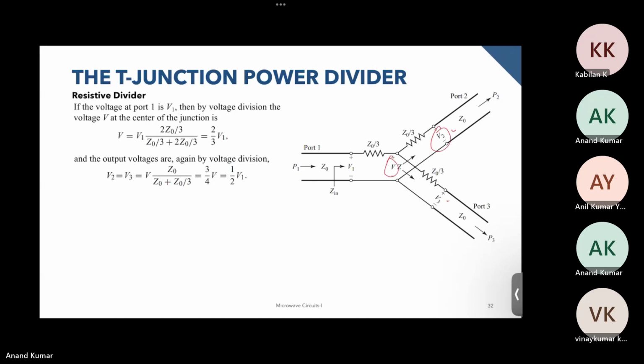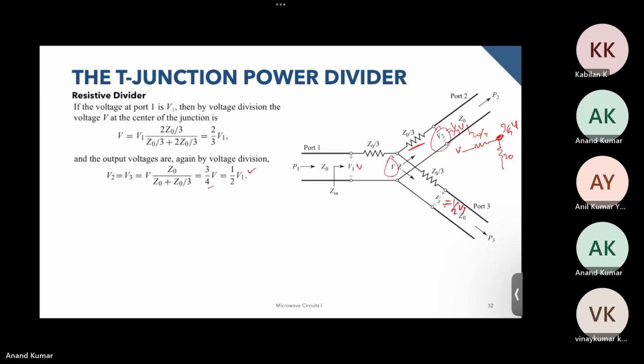We have voltage V over here, and then we have Z naught by 3, and then we have Z naught over here, and we're trying to calculate the voltage over here, and this turns out to be 3 by 4 V. Since we know that V is equal to 2 by 3 V1, this is half V1. So this V2 is equal to half V1, and similarly this V3 is also equal to half V1.